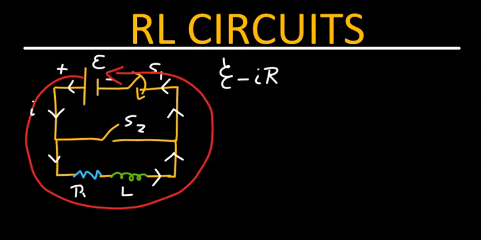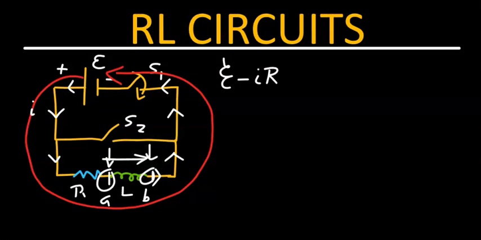What about the inductor? Note that the current goes from this point to that point when you travel across the inductor. So this point, let's call it A, must have a higher potential than that point, let's call it B. As you travel through the inductor, the potential difference term for the inductor will pick up a negative term because you're moving from a point with higher potential to a point with a lower potential.